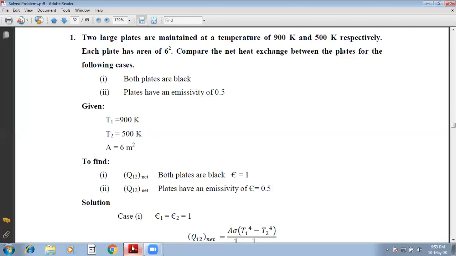In a similar way, a white body is one whose reflectivity will be equal to 1. There will not be any transmissivity as well as absorptivity. Hence, for any white body, rho will be equal to 1, alpha is equal to 0 and transmissivity tau will be equal to 0.